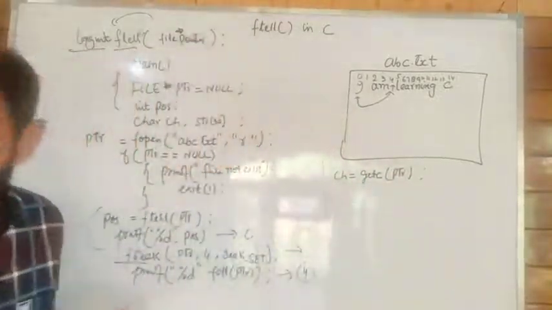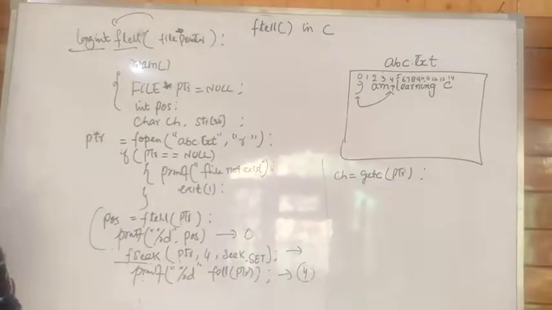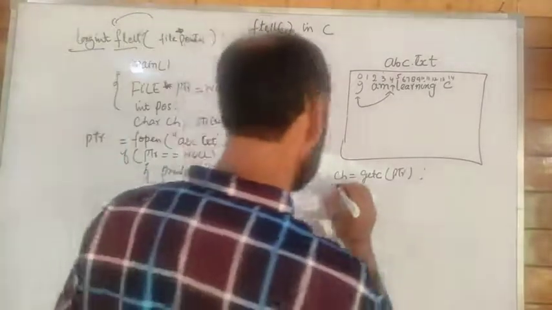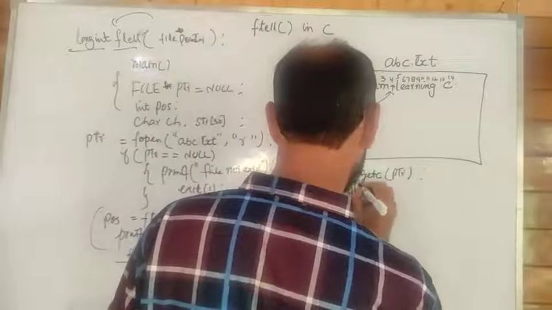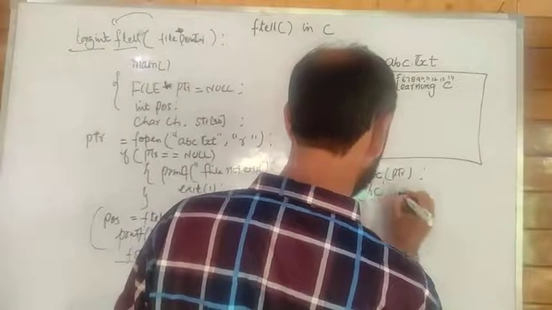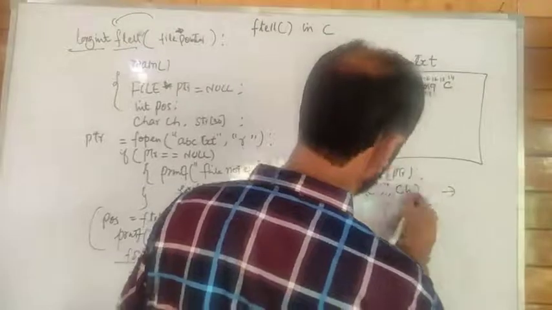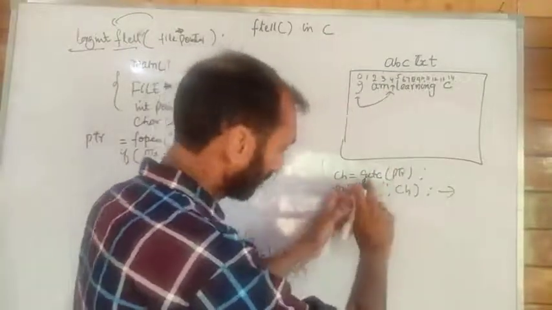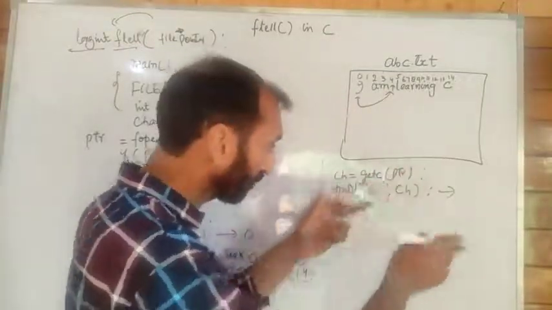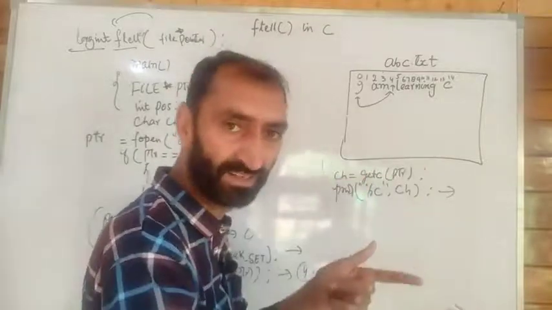That means it will return the character. printf %c ch. We know that the getc function is used to read a single character from the file.